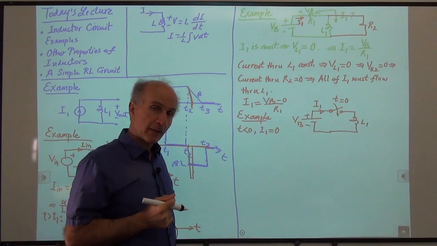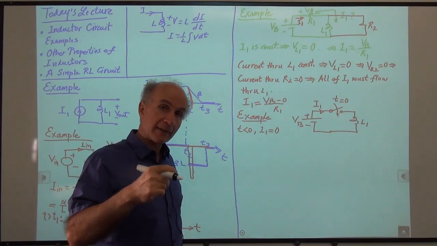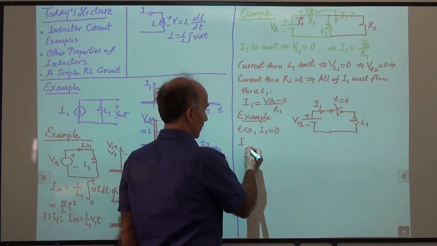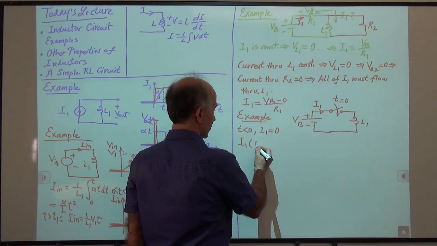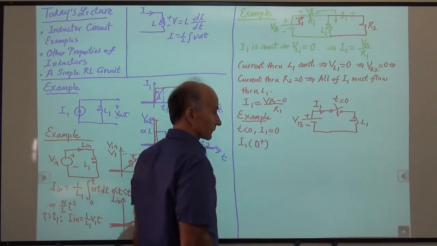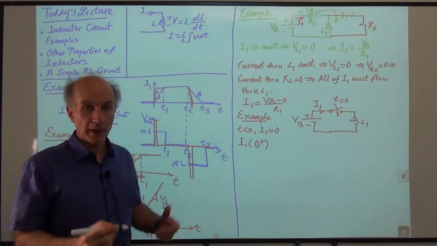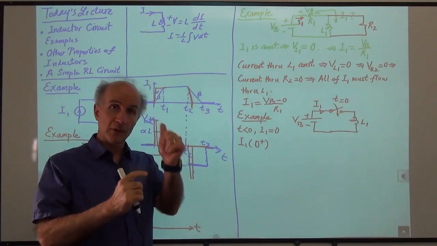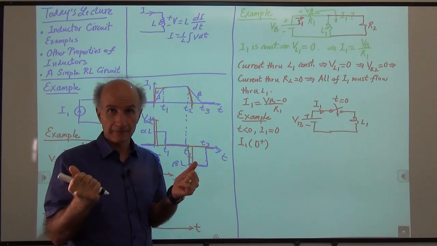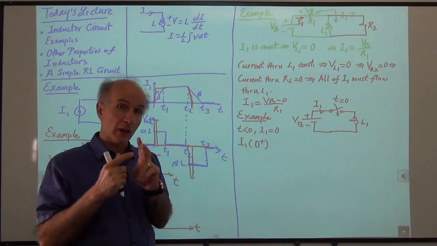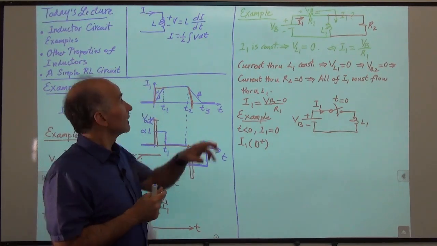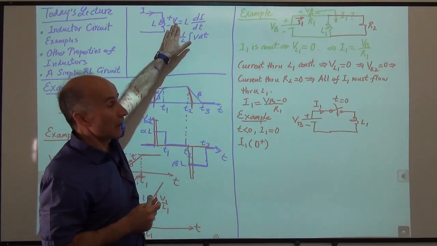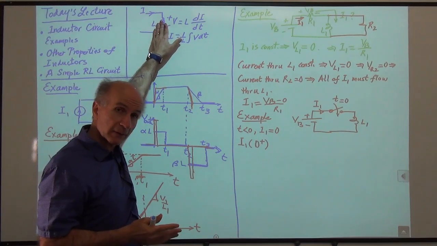Okay, so how much is I1 at 0 plus? Well, we have to decide. Can I1 jump instantaneously from 0 minus to 0 plus or not? The only way for I1 to jump is for this derivative to be infinite, is for the voltage available for the inductor to be infinite.